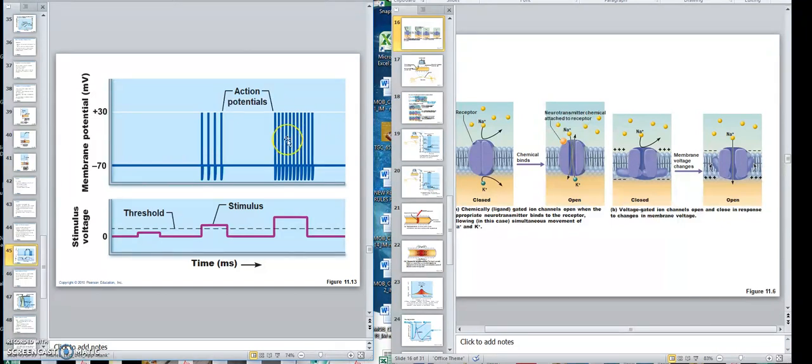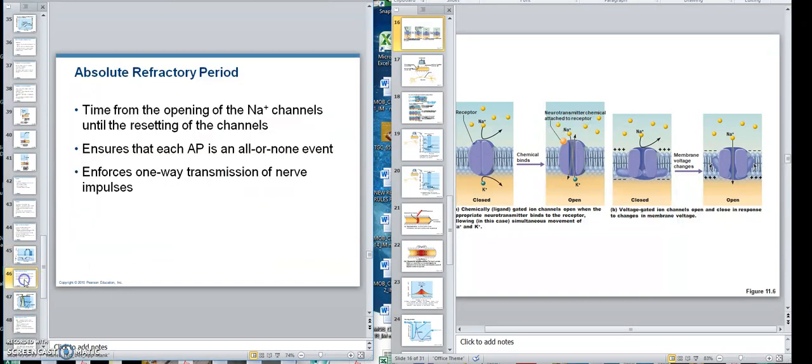That's how it's determined because, again, action potentials cannot get any higher. The stronger the stimulus, the faster the firing rate. So that's one little thing to say.